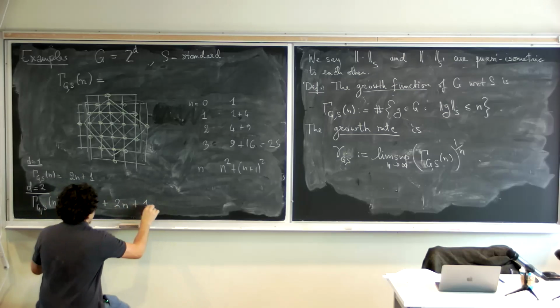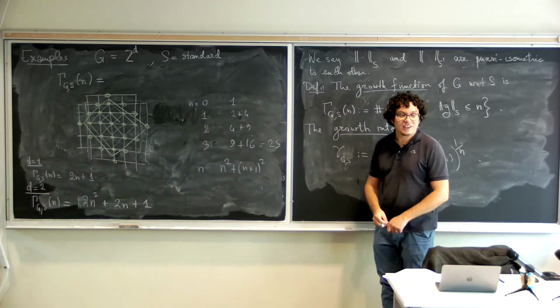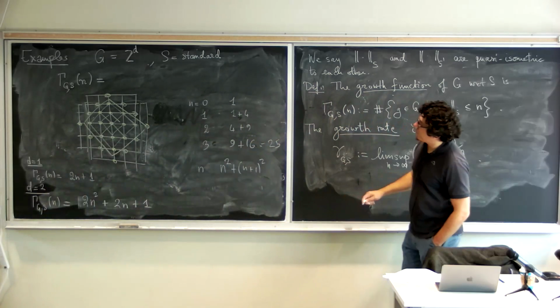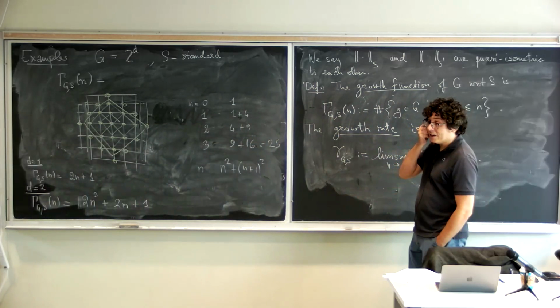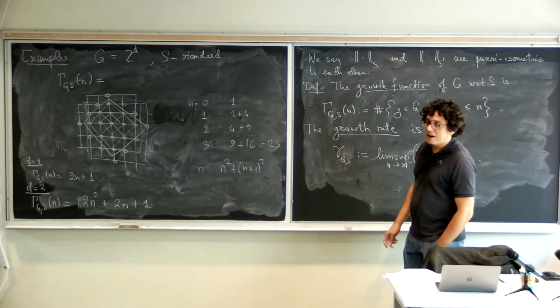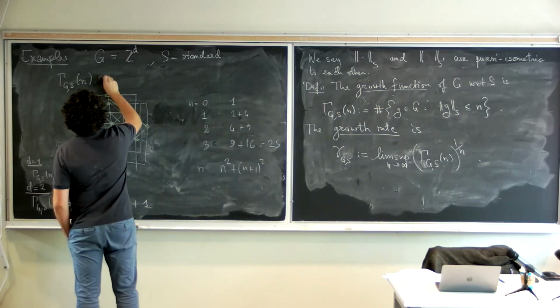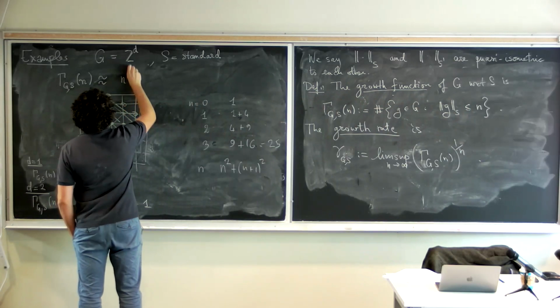Anyways, it's not so important to see what is the right number. We're only talking about the growth rate, but it's actually kind of a nice exercise. So in general, this is the order of n to the d.